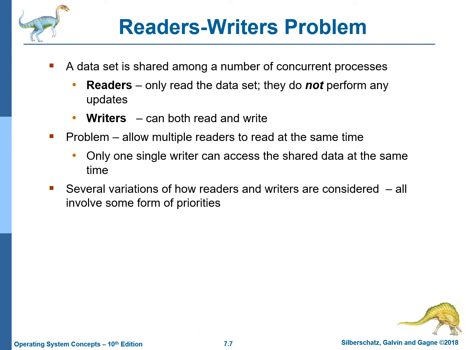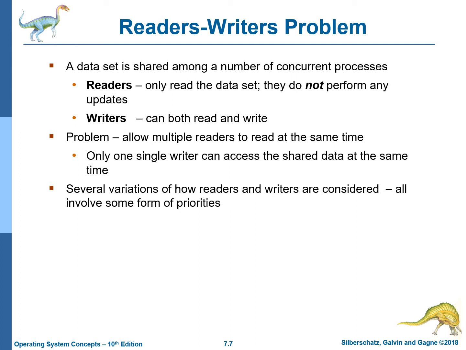So the reader-writers problem and its solution have been generalized to provide reader-writer locks on some systems. Acquiring a reader or writer lock requires specifying the mode of the lock, either read or write access. When a process wishes only to read shared data, it requests the reader-writer lock in read mode.